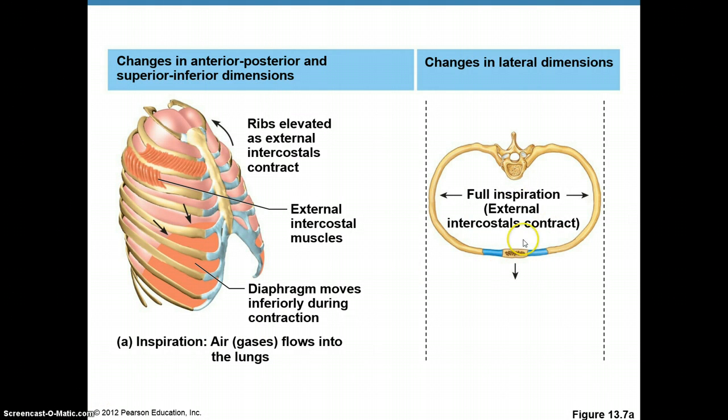So as you can see, when you inhale, okay, this side of your, what do you call this? Your ribs, they would actually expand out. Okay, and the air would then come in towards your lungs. Okay, so that's what happens during inhalation or inspiration.